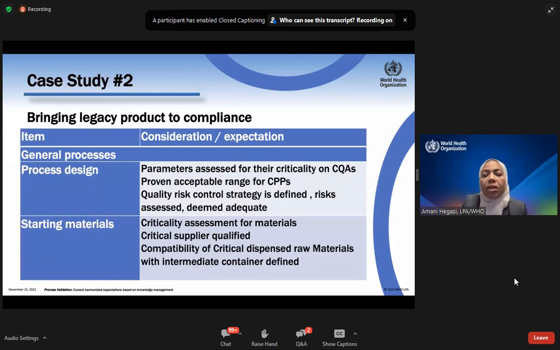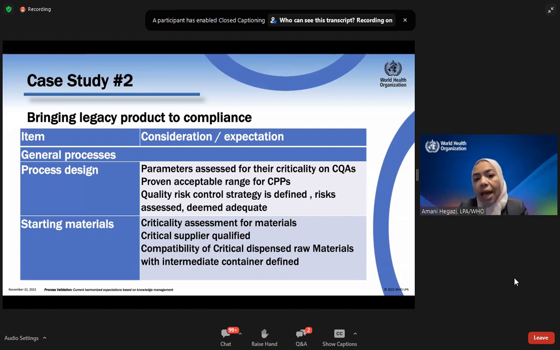Another case study for bringing a legacy product into compliance. In this case, we started with stage 3, where we have a capable process and a product performance that meets the predetermined specification, with no cases of reported failures and no cases of complaints or incidents that are significant.